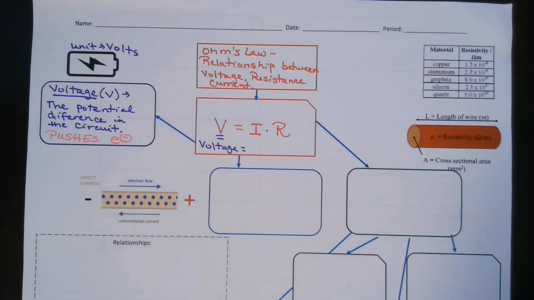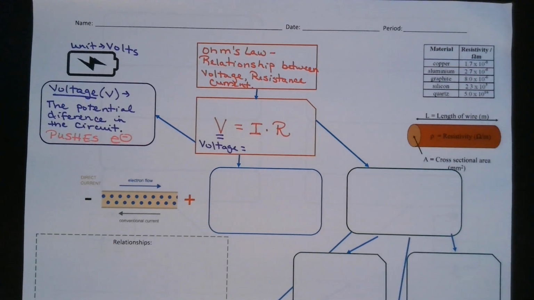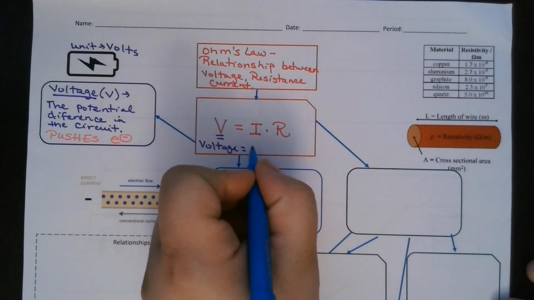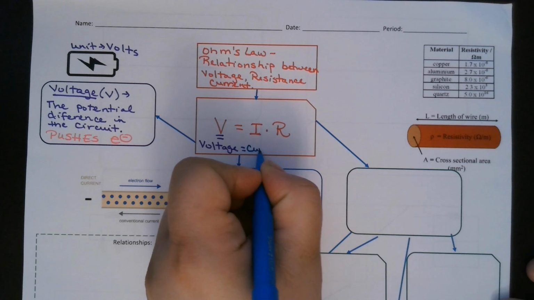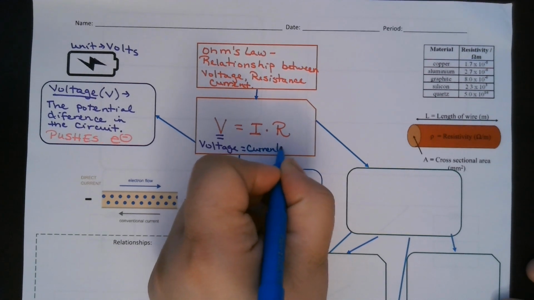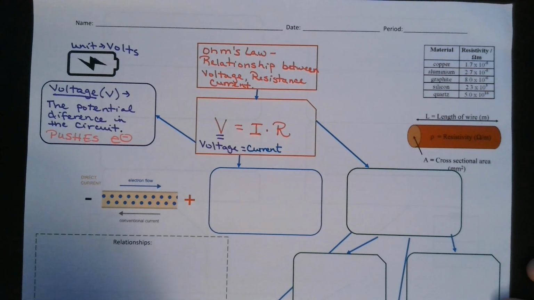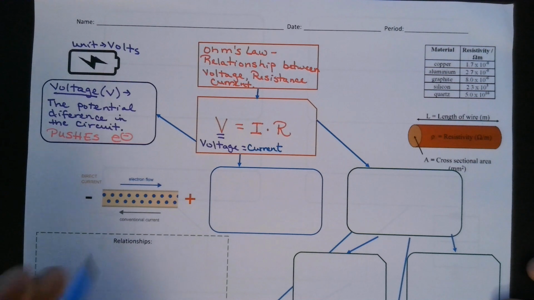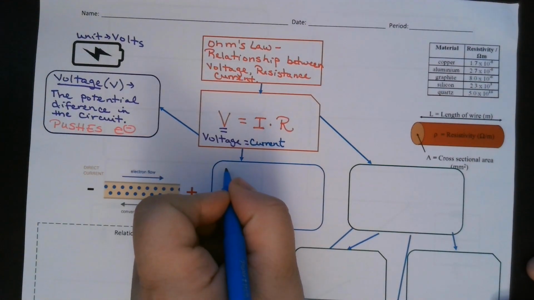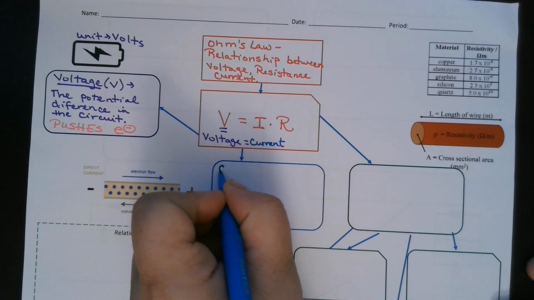So let's move on to I. I is for current. I'm sure it's maybe a Latin word or something, but we're also running out of symbols.